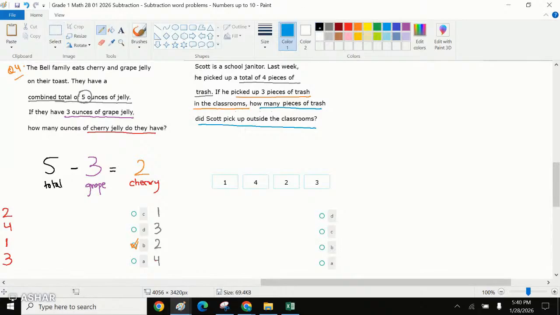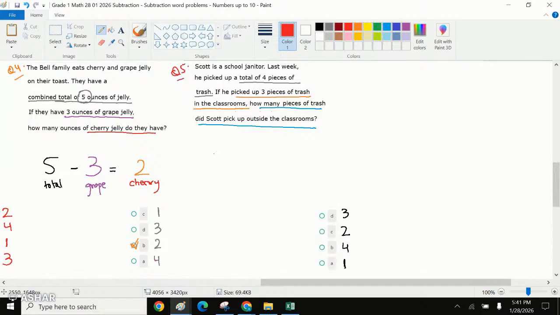So we need to find the number of pieces of trash he picked up outside the classroom. And the options given are: option number A is 1, option number B was 4, option number C was 2, and option number D was 3. Okay, I'll remove these options. So what should be the answer for question number 5?